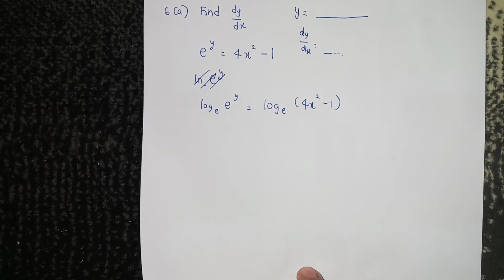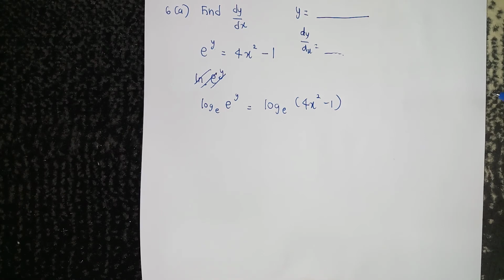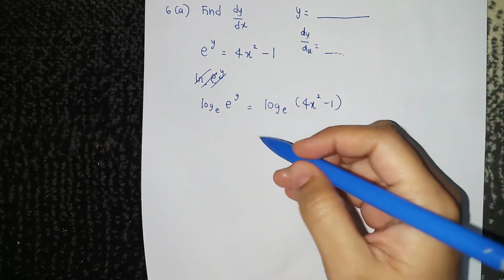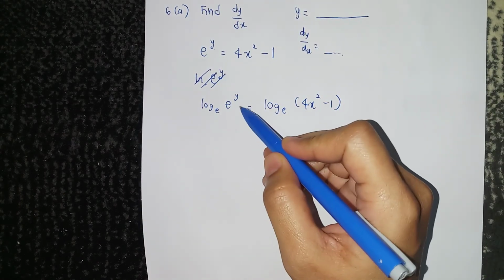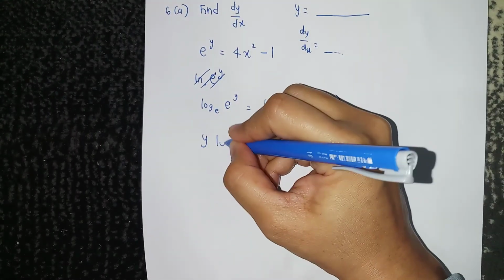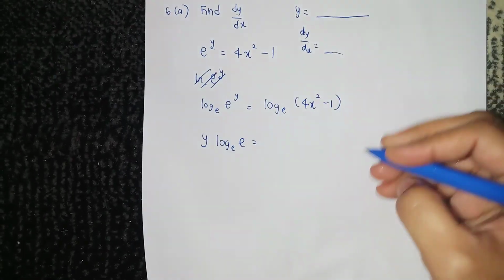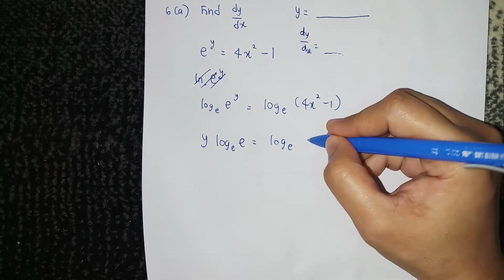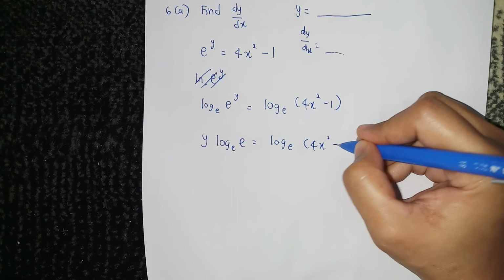So remember, when the question asks to find dy/dx, and your question is not in the base of e, you need to change to base e. Now we apply the power law, power brought in front. So you will get y log e equals log e of (4x squared minus 1).